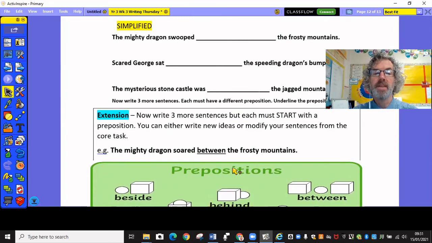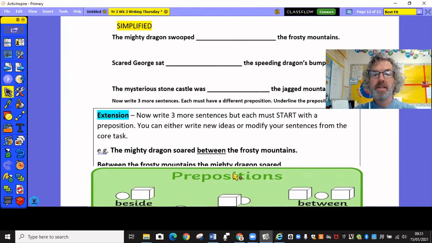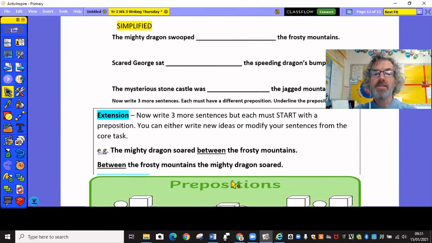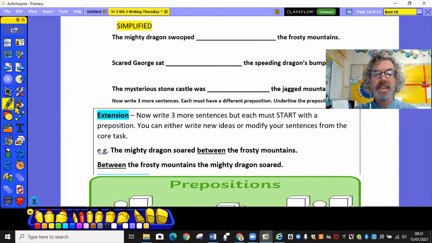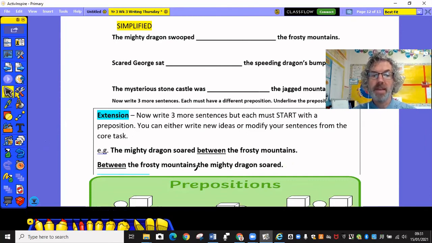For example, if in the core task I'd written, the mighty dragon soared between the frosty mountains, I can change that round, put the preposition at the beginning, between the frosty mountains, the mighty dragon soared. But I think I need to add in a comma there to show where that clause is finished. Between the frosty mountains, comma, the mighty dragon soared. Yes, that works for me. So I've started with a preposition.